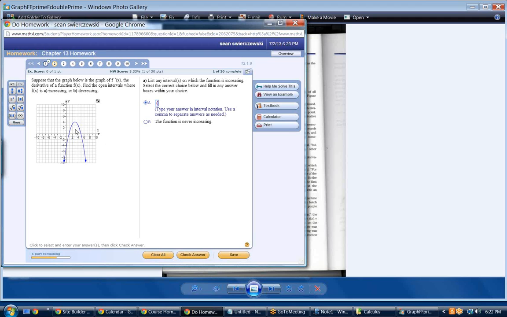Where is this positive? And by positive, I mean the y measurement has to be positive. So from 1 to 5? Correct. In other words, in that interval, this is positive. That means the original function is increasing.